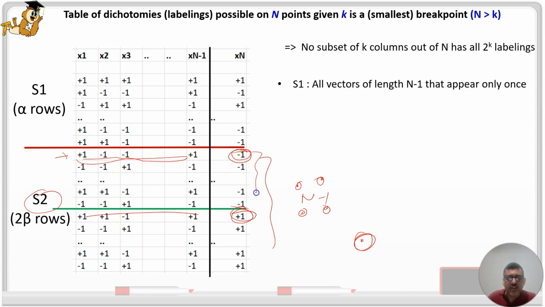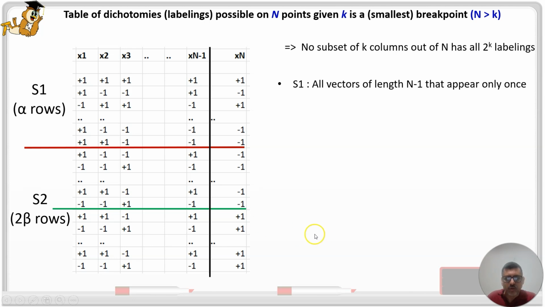This is the set of rows where for the nth point we put minus 1, and these are the rows for which for the nth point we put plus 1, and this part of those rows is identical. So these two rows differ only in the last point, the point n.